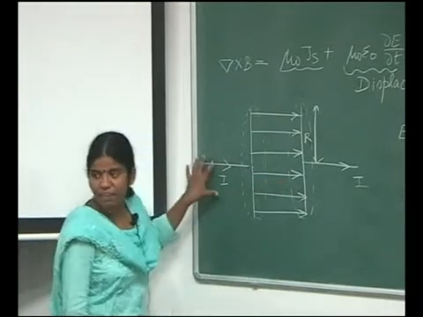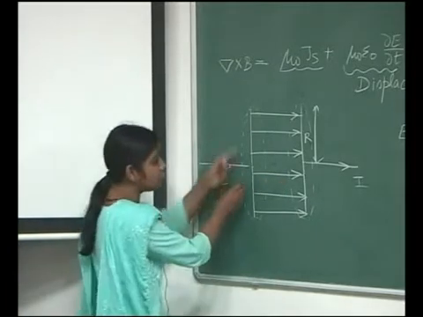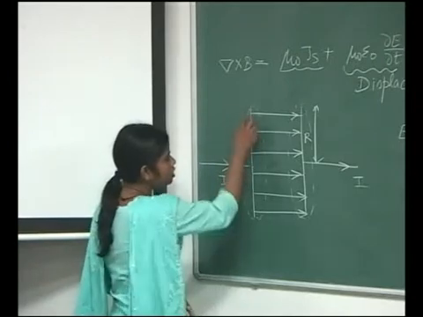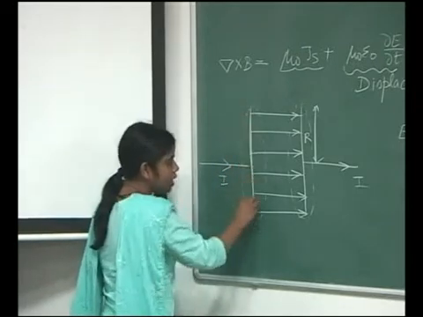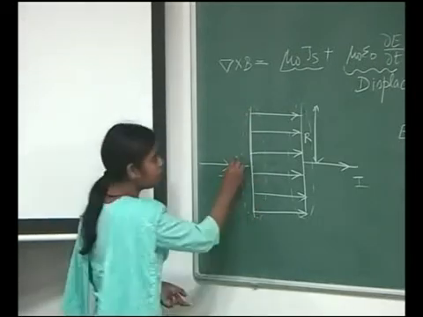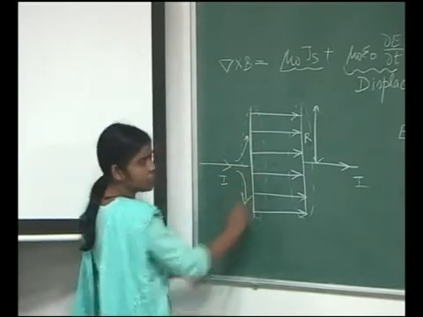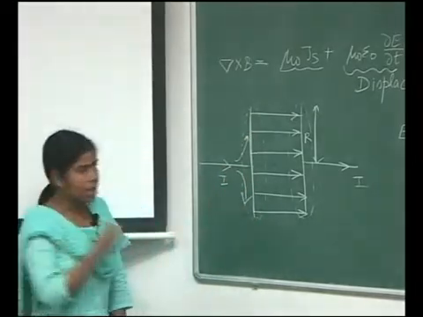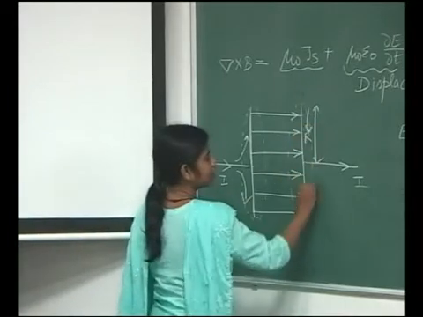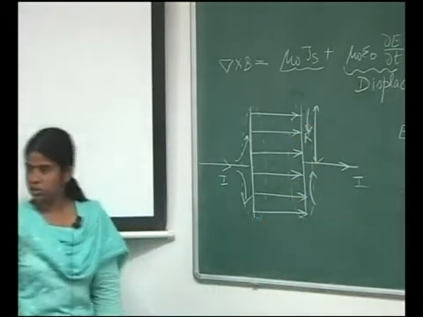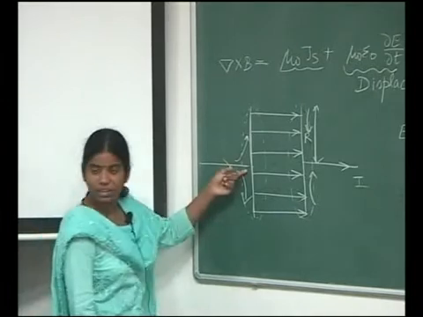Now the current does not just flow like this. The current goes because these circular plates are metallic. So, current will also flow on the surface of these metallic plates, and it will come like this and go out. So, current is also on the surface.